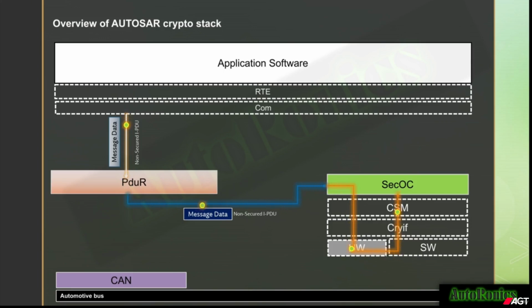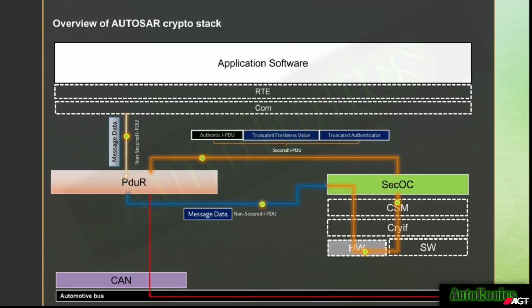Then from SECOC, the secured IPDU is formed. So the secured IPDU consists of the authentic IPDU, the truncated freshness value plus the truncated authenticator. So this is how the secure message is formed in the security module.